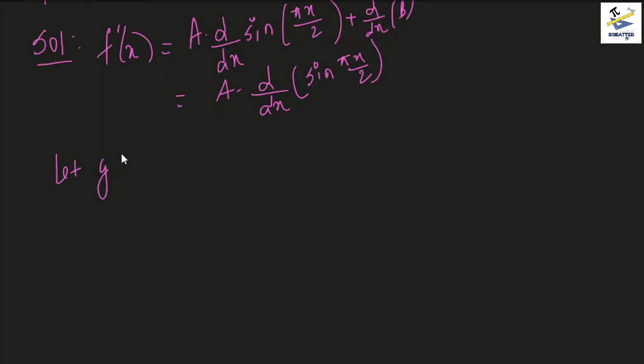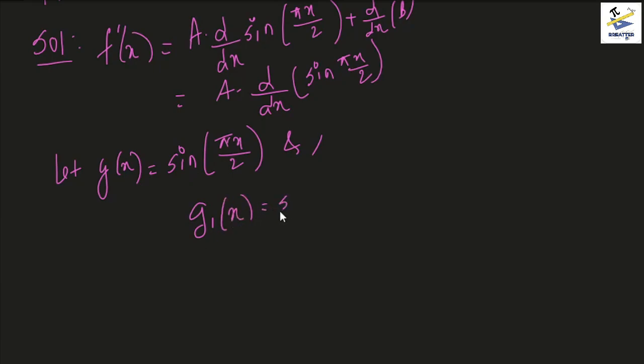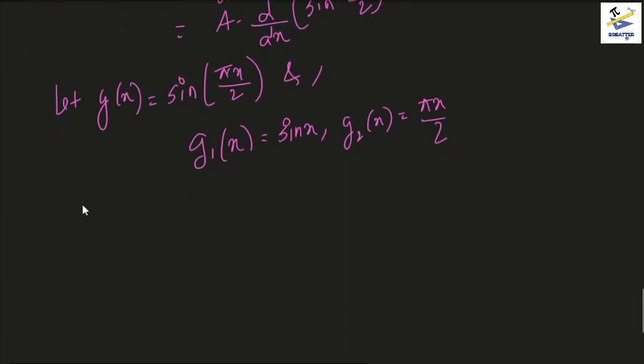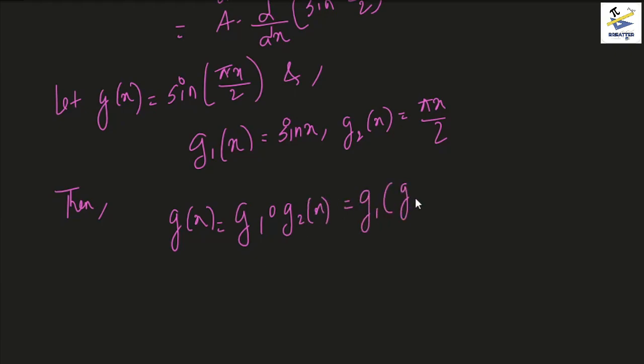Let g of x equal sine of pi x by 2, and we define two more functions: g1(x) equals sine x, and g2(x) equals pi x by 2. Then g(x) is basically the composition of g1 and g2 of x, or in other words g1 of g2(x), right?